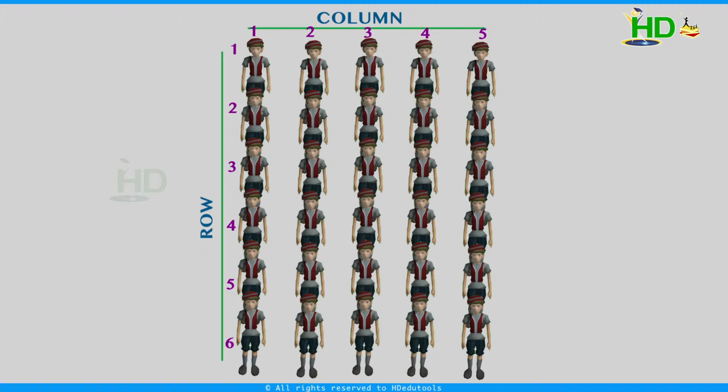Now what is the position of this boy? He is in fourth row, fourth column. Similarly, he is at fifth column, second row. Now he is at third column, sixth row. Now in this example, we are taking this as the reference and with respect to this, we are giving the position of each and every person.